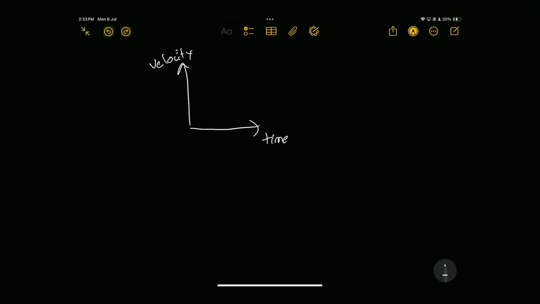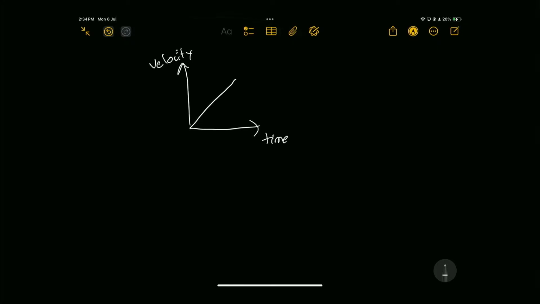Now, what does this graph represent? Right, so this is a graph with constant acceleration.